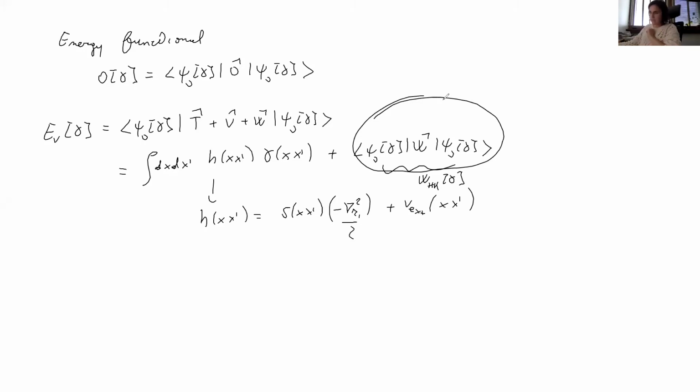This is one of the advantages of using RDMFT. In DFT instead, if you write your energy functional, you have the Hohenberg-Kohn universal functional, and then you have your external potential.